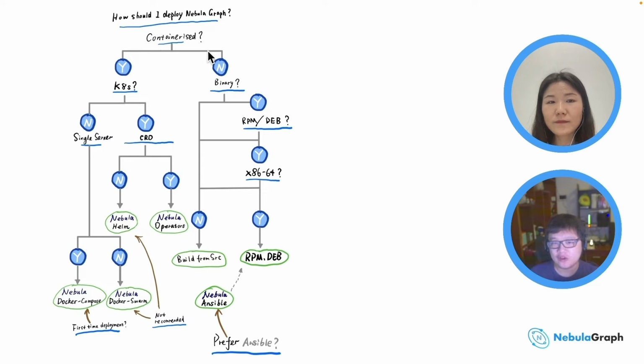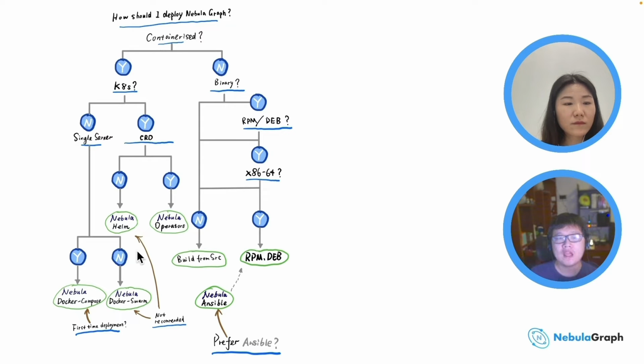Before that, I will go through how many options we already have in the Nebula community that you can use to deploy a Nebula cluster. All those green circles are our options. Like in Docker, you can use Docker Compose or Docker Swarm. In Kubernetes, you can use the Nebula Helm, which is a Helm chart for Nebula.